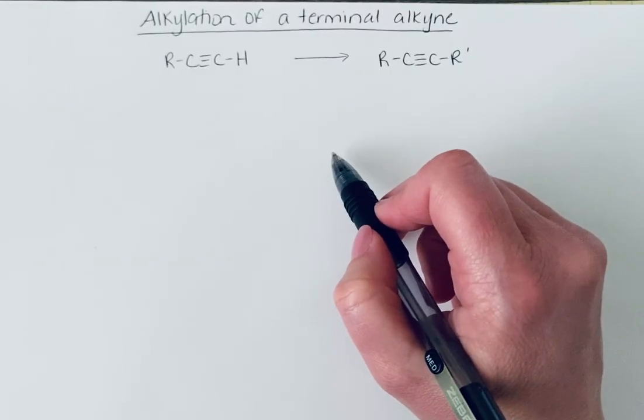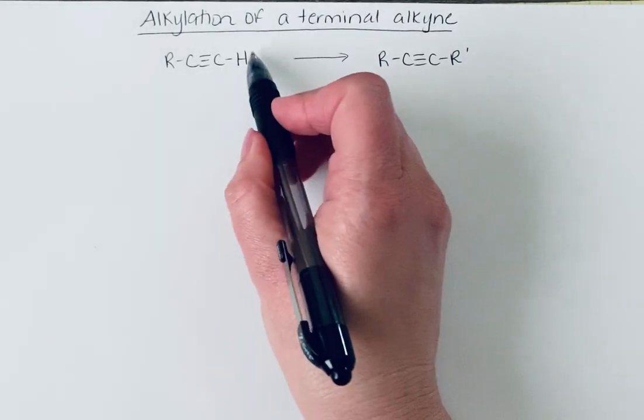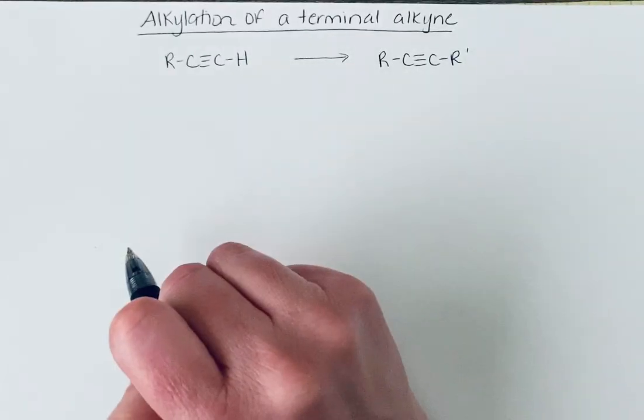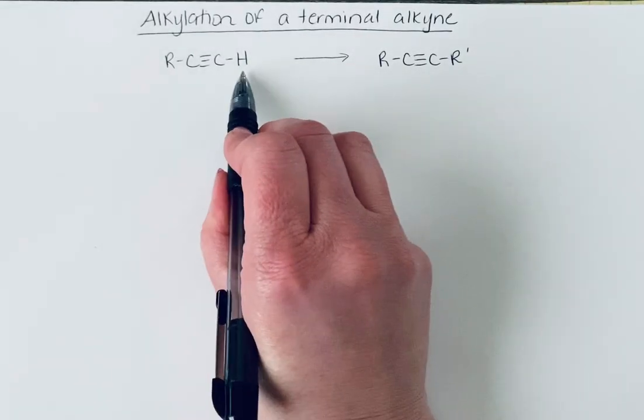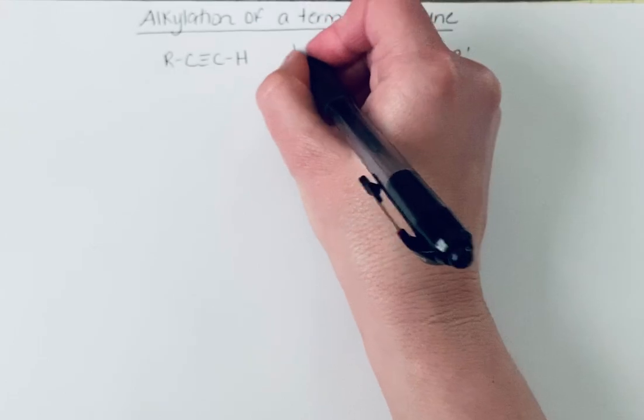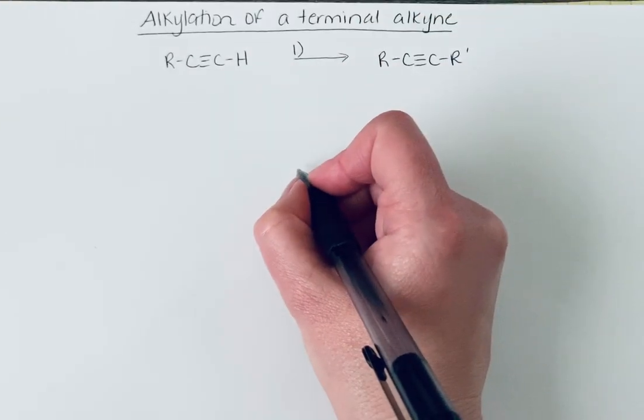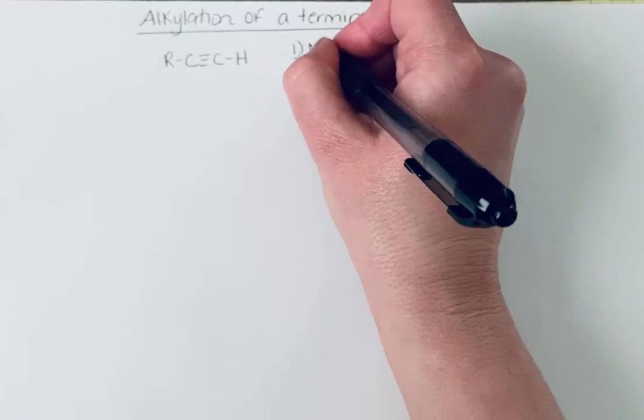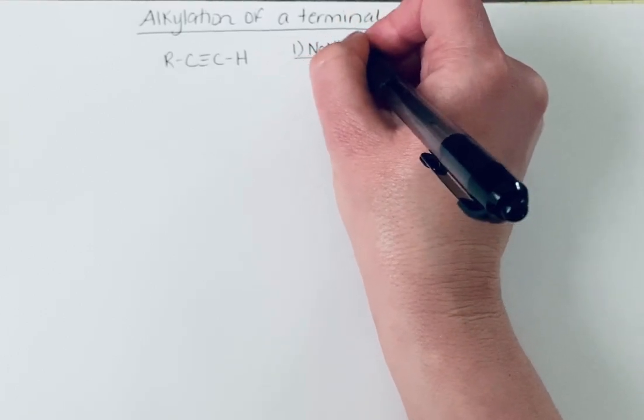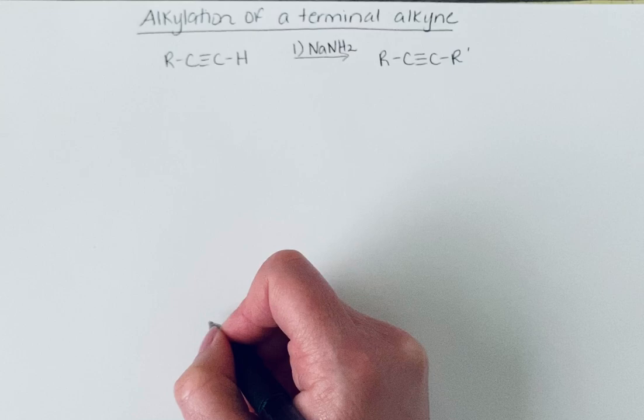So how this reaction works is we need to first remove this hydrogen atom at the end of the alkyne. We can do that by treating it with a strong base. The strong base that is commonly used for this reaction is NaNH2, or sodium amide.